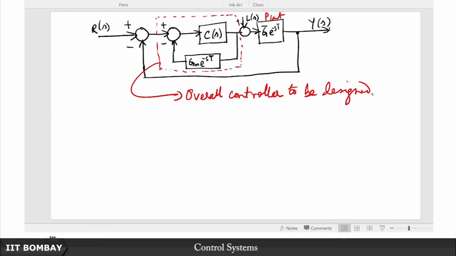And now once I have done this, you will immediately notice that if GM is equal to G bar and T bar is equal to T, now it becomes very straightforward. Why?